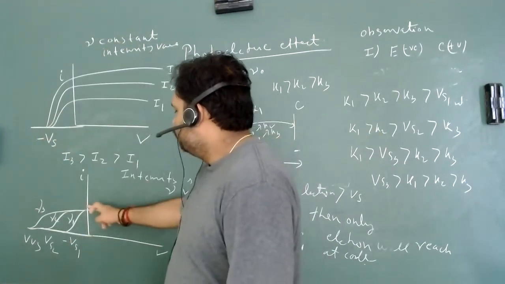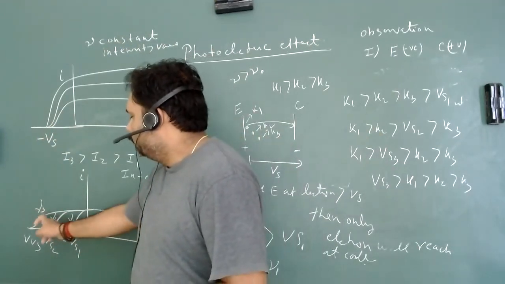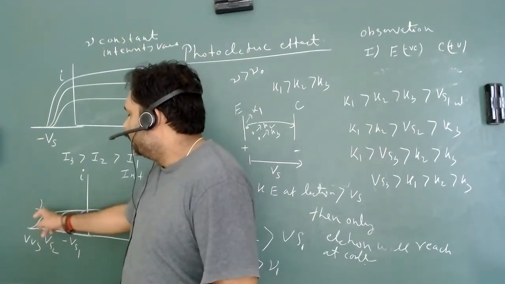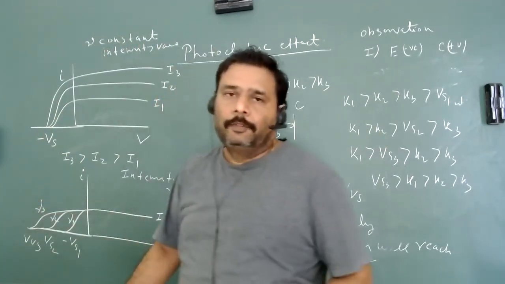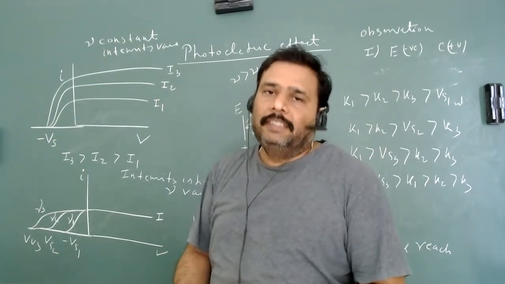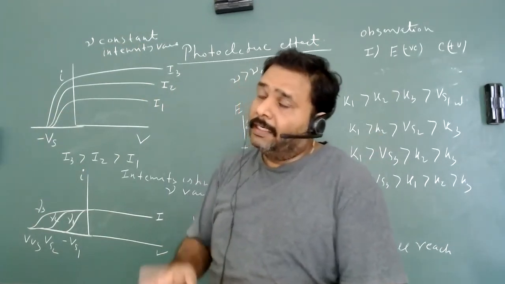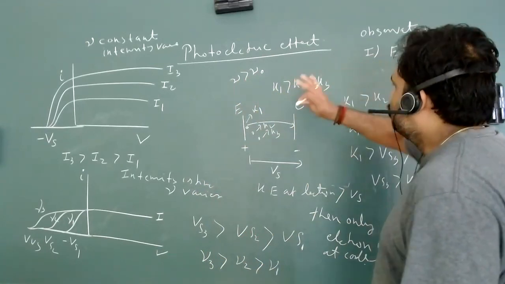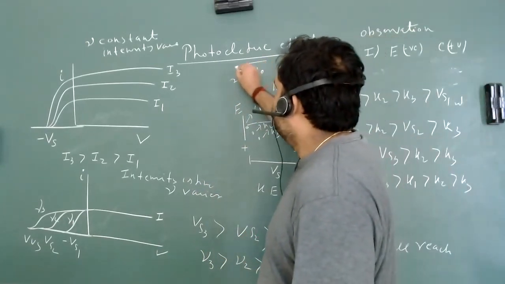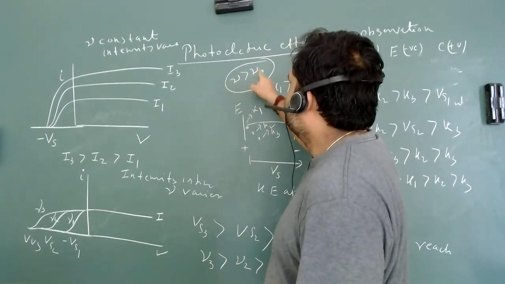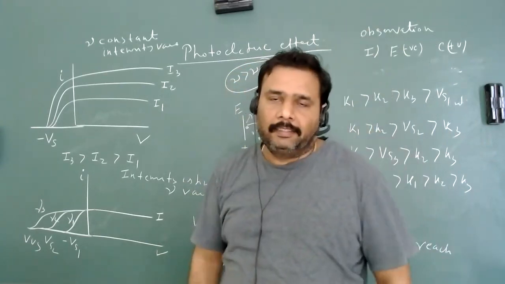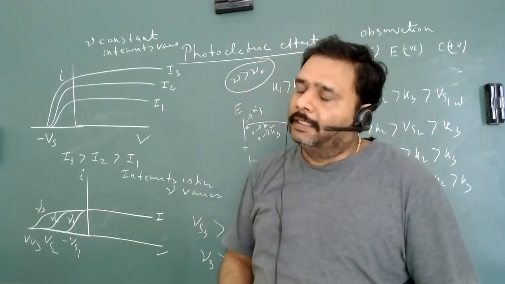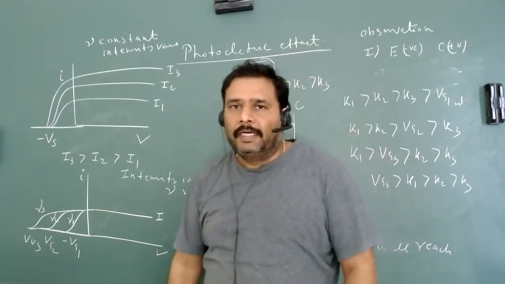But when we fix the intensity and change the frequency, we have seen that the higher the frequency, the higher the stopping potential, and we have to try to understand this. One more thing is important: all these observations hold for nu greater than nu naught. Why is it happening? We have to explain this, and all of it can be explained by Einstein.